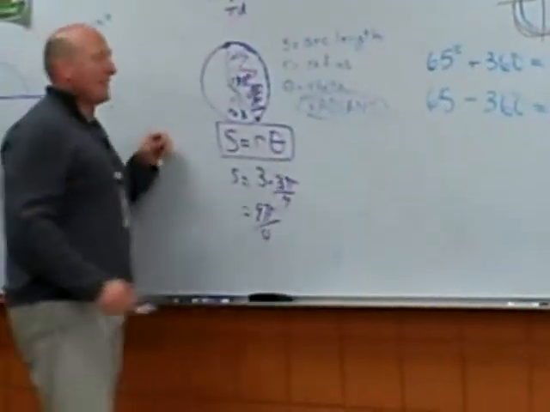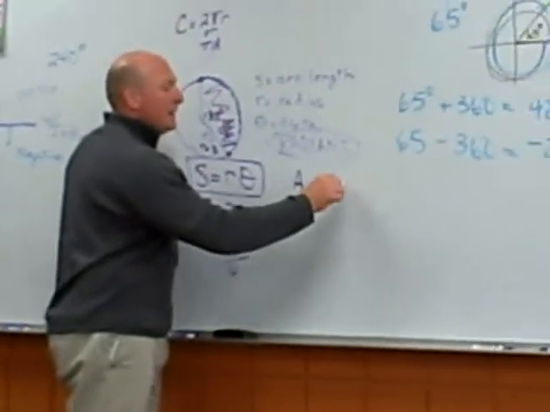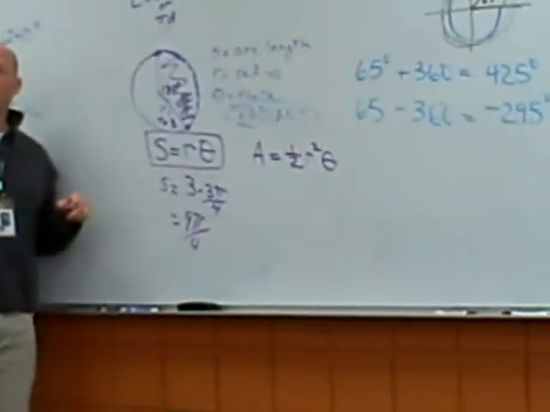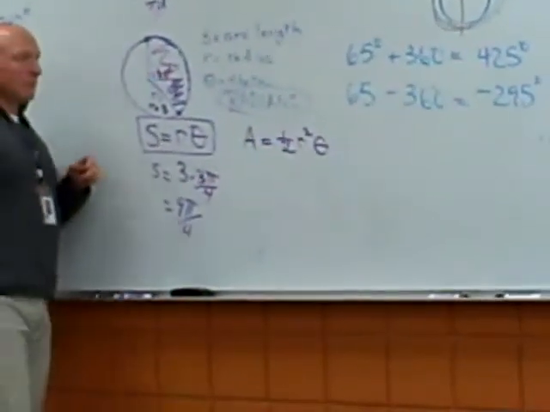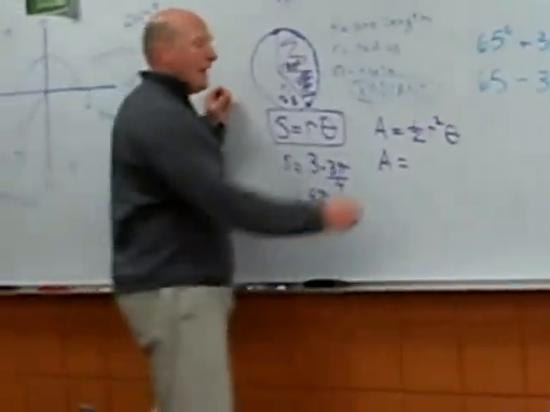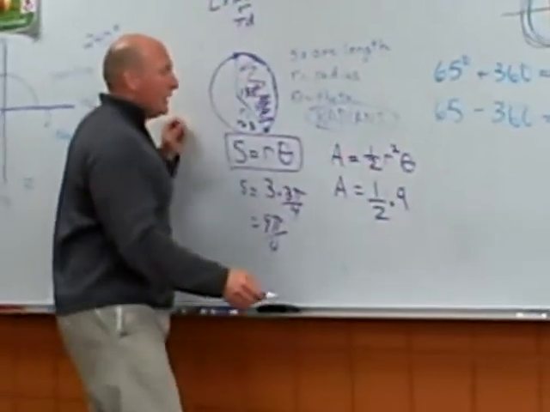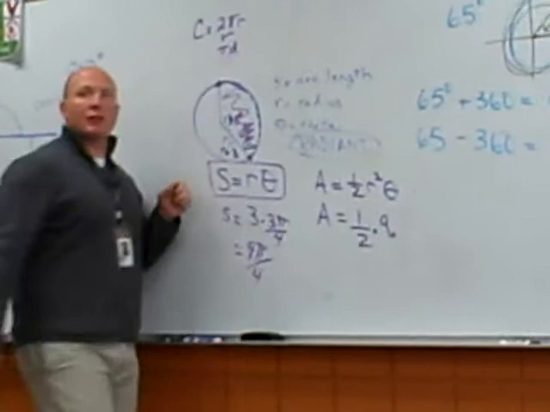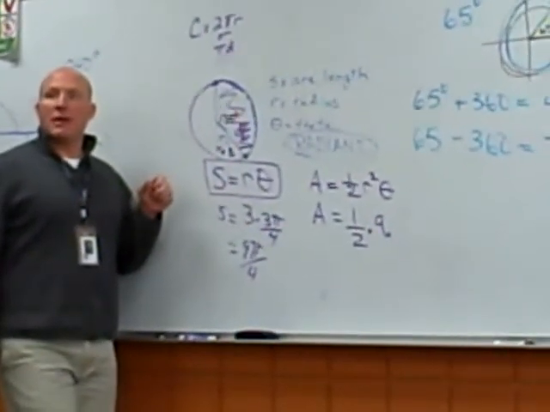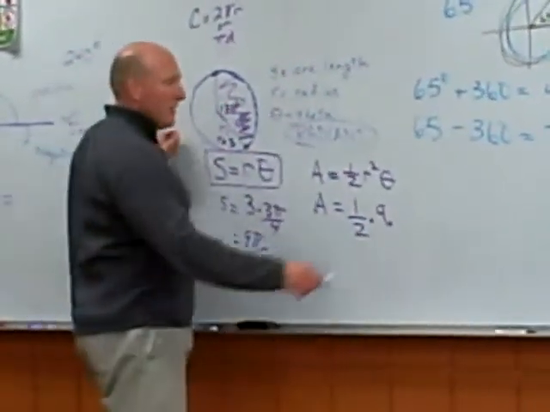Now, the other thing that we'll talk about is the area, this shaded region. It's called a sector, the area of a sector. Area can be found by 1/2 times radius squared times theta. One half. The radius would be 9 if it was squared. Times theta, which must be in radians.